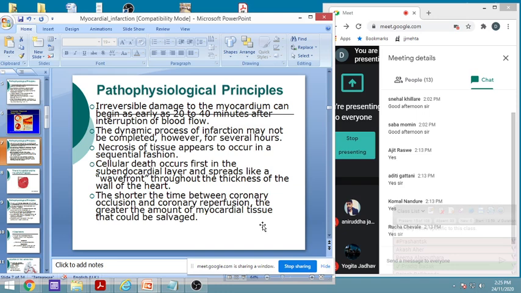So in heart attack cases, if the patient is immediately taken care of, if the time between the first episode and starting treatment is less, then the chances of prognosis are better. As it progresses, prognosis can go on decreasing, and then mortality and morbidities can be there.